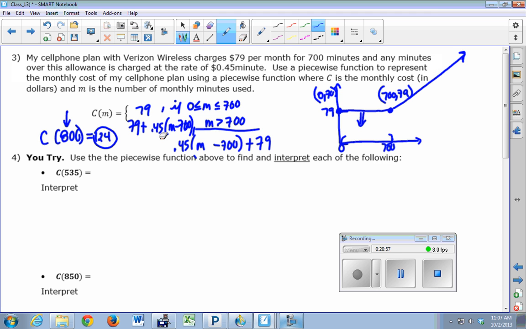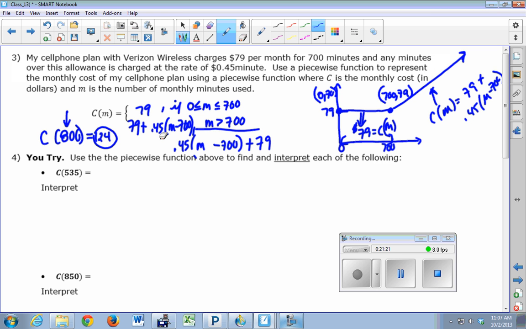So this piece is defined by the $79, right? 79 equals C of M. And this piece is defined by C of M equals 79 plus 0.45 times M minus 700. Okay, so one is a horizontal line and one is a line with positive slope. Right.